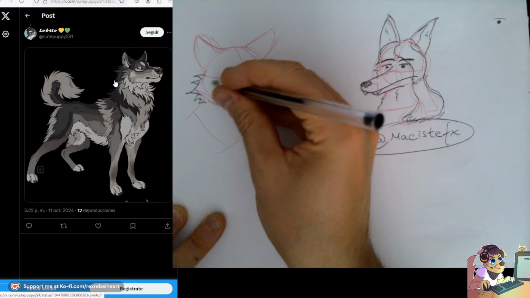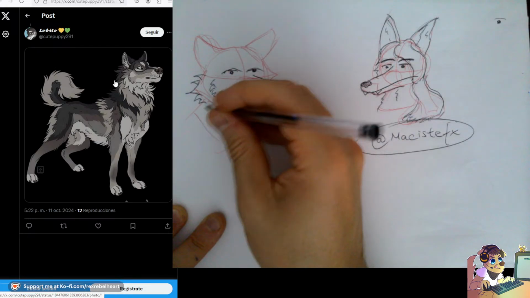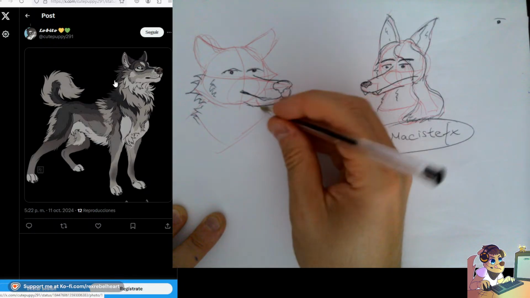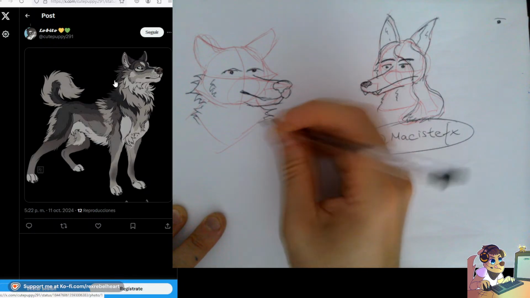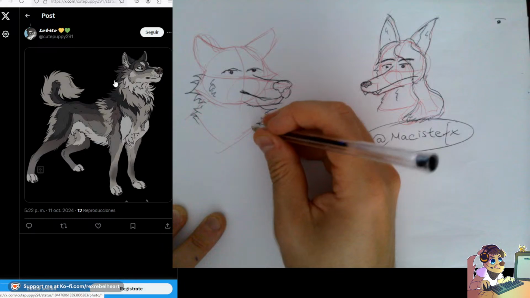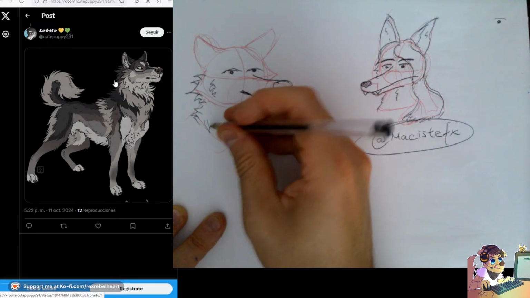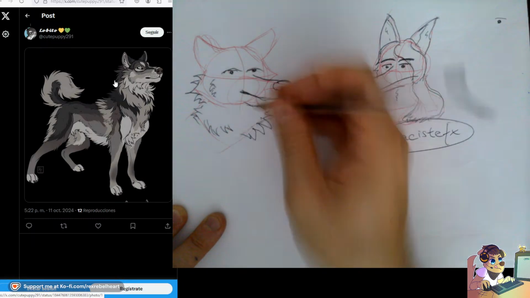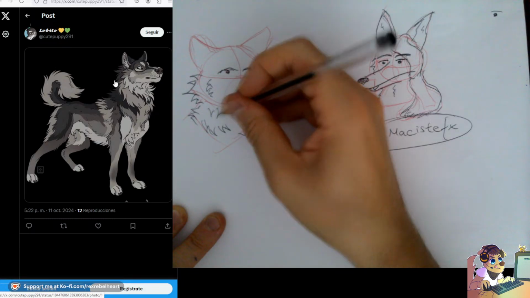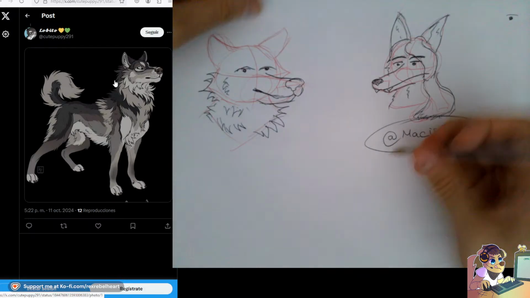I'll try and enjoy a little bit of fur, if you will. This is a very furry fella. Very, very furry fella.